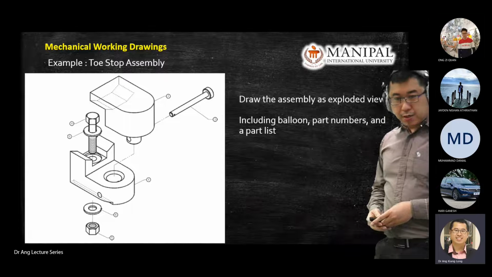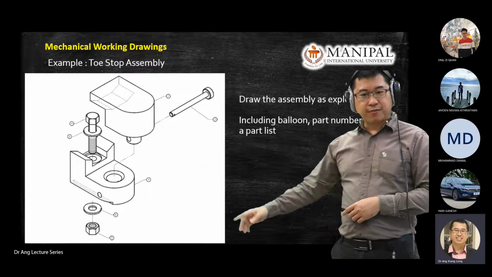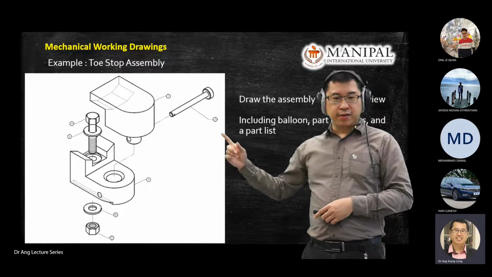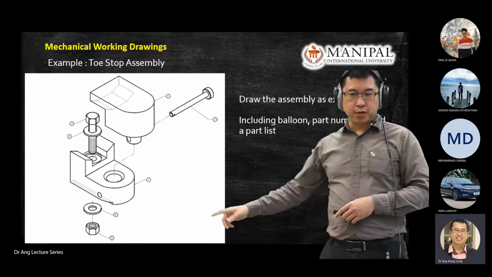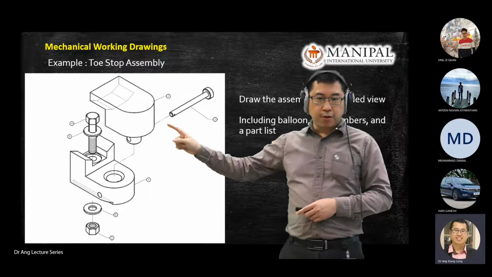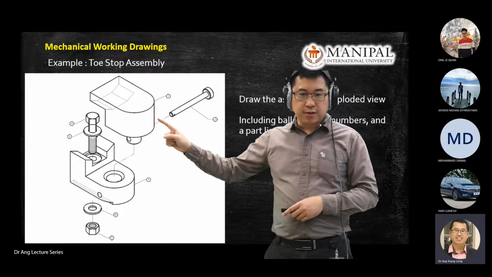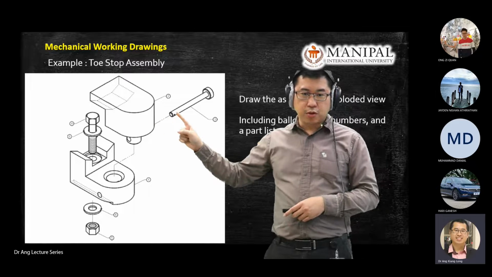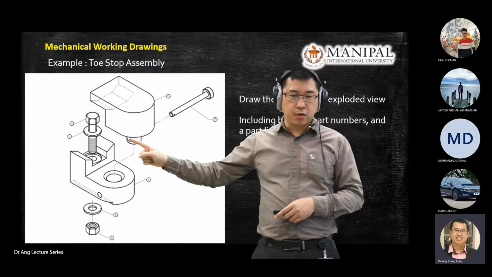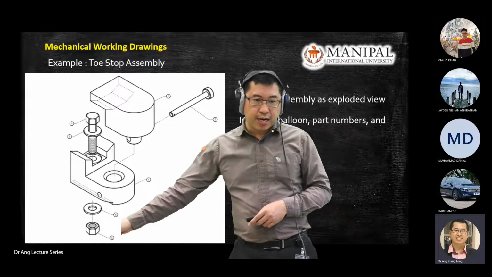Okay. So this is what I expect in this 2 weeks' time. If you can, complete within 1 week. If not, then maximum 2 weeks. You come up with this kind of drawing. That means you show how you assemble the things with the line. You see this one, the line: how you go in the hole, how this joins this hole, and then how you screw the thing.